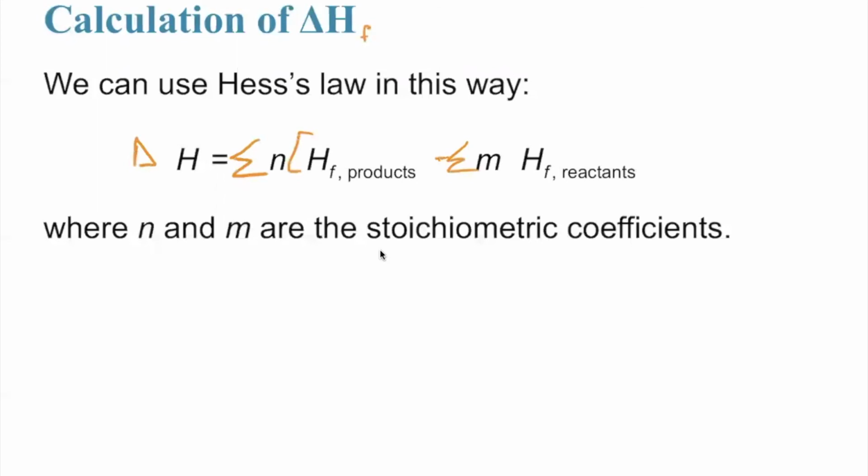Now, let's give you an example. Let's say I give you, let me just get a new one. I'm going to write the reaction because we're going to need the equation.